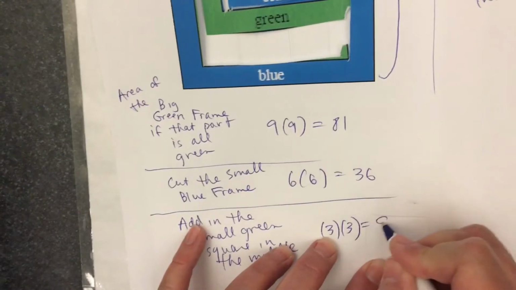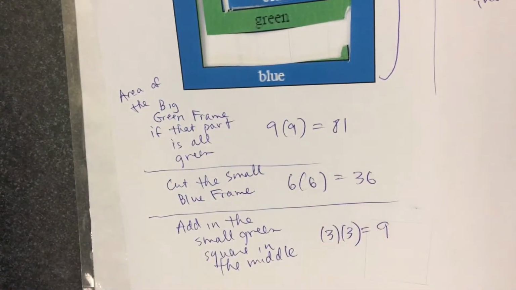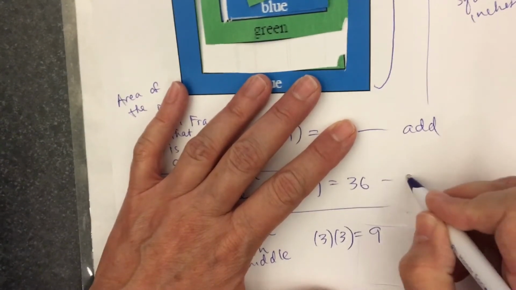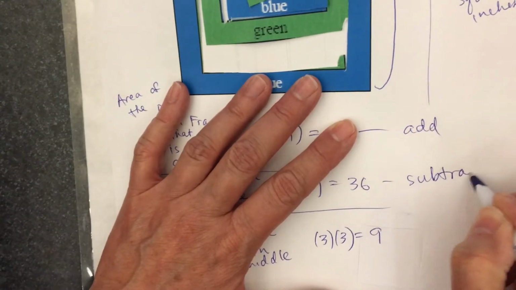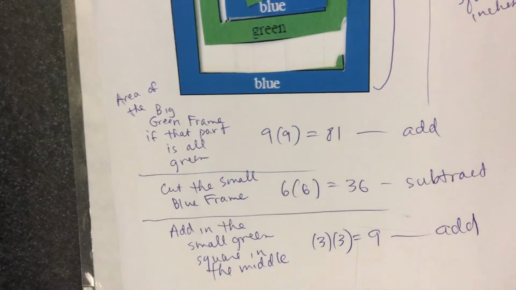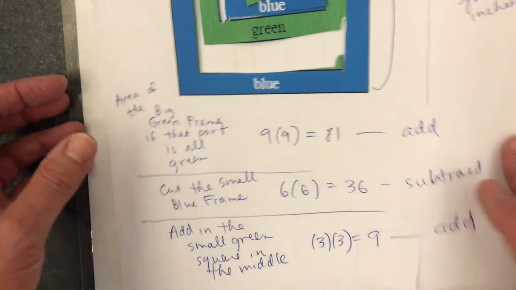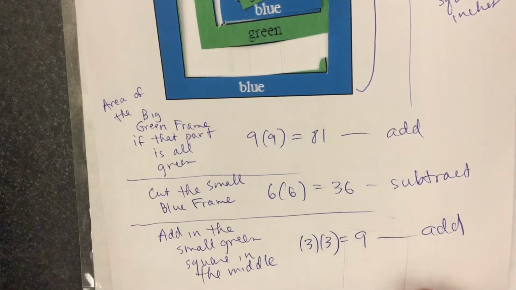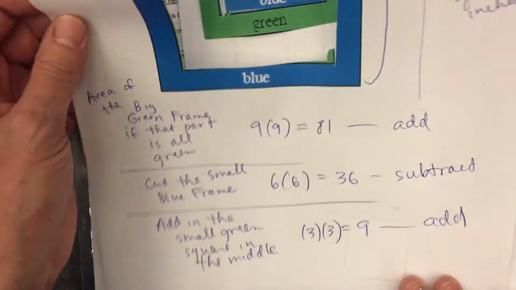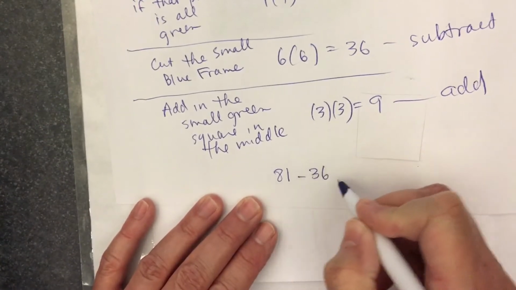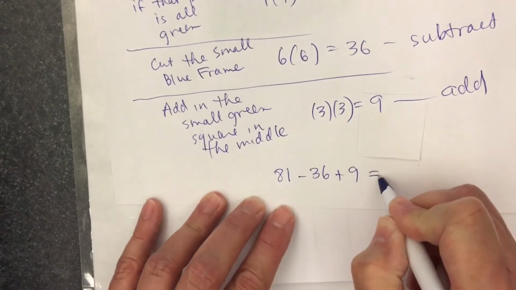Oh, I cut right through there. Okay, anyway, there's that. Now, we want to add this, subtract this, because that was blue, and then we're going to add in the other green. So for the top number, it'll be 81 minus 36 plus 9.